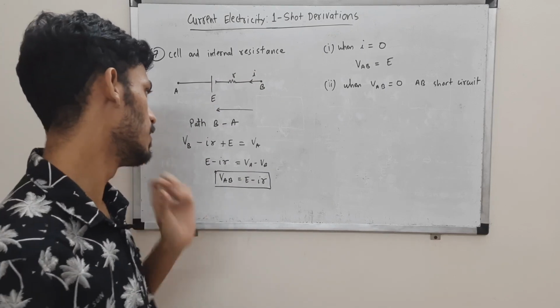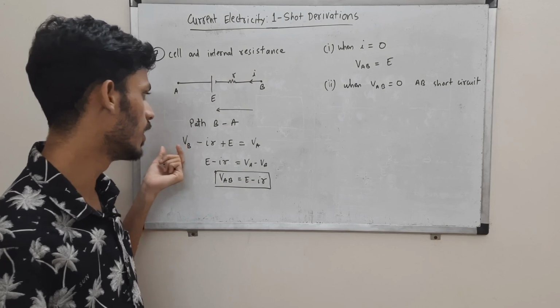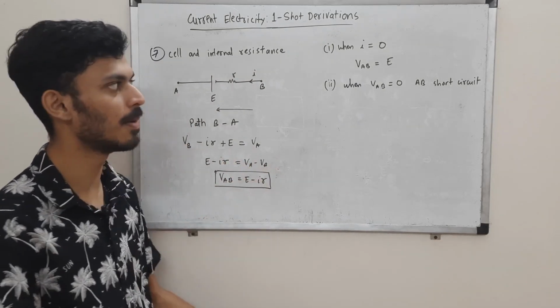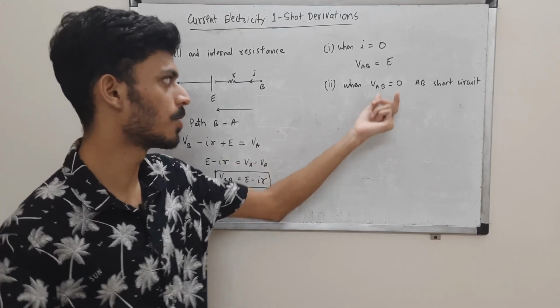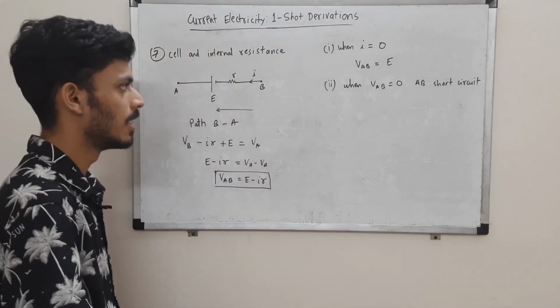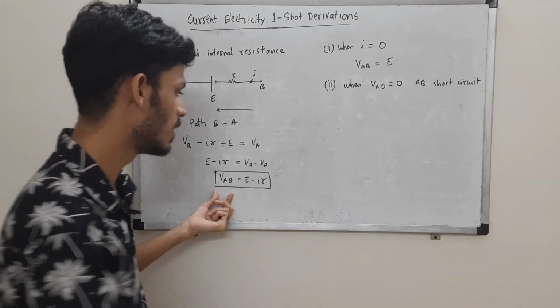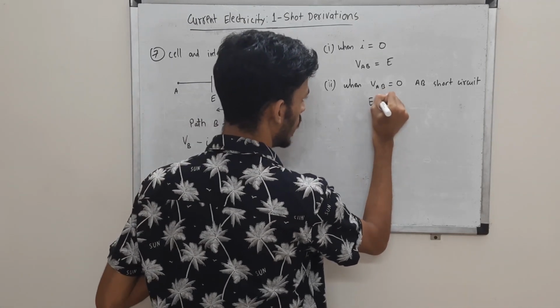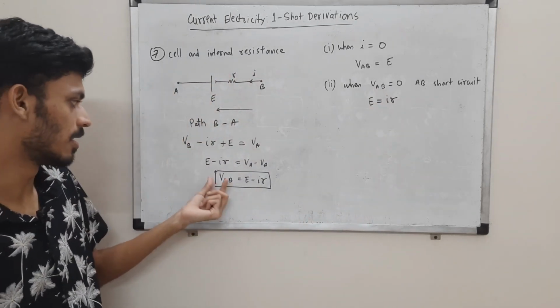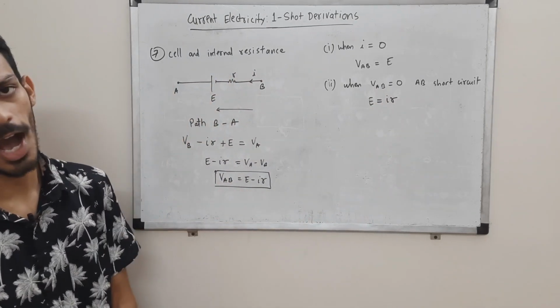So VA and VB will be equal, and VA minus VB will be 0, or VAB will be 0. Saying AB is short circuited or VAB is equal to 0 is the same thing. If VAB is 0, the EMF of the battery will drop across the internal resistance. E is equal to IR.